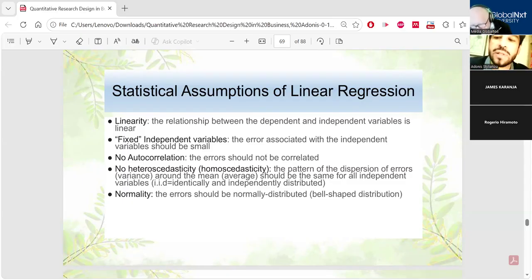It doesn't have a dependency on previous years, the same variable. Heteroscedasticity, we need to verify that we don't have heteroscedasticity, which means that the variance is going to be the same, identical for all different independent variables, and eventually the normal distribution of the error factor.